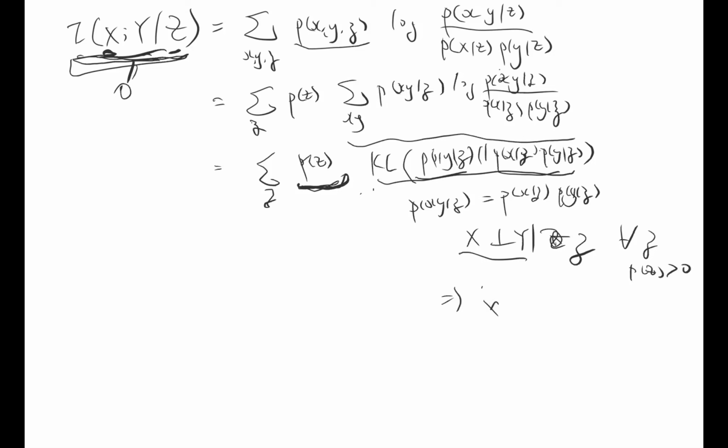So that essentially just means x and y are conditionally independent given z.